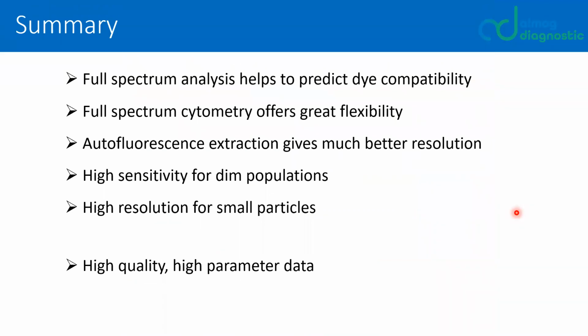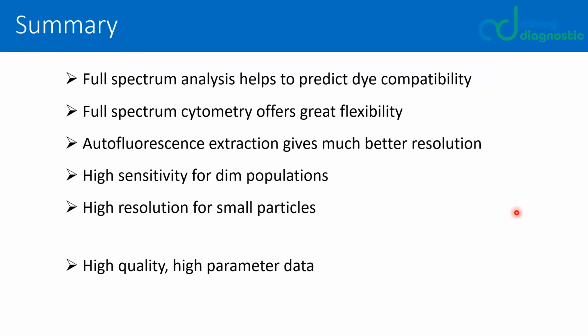So let's summarize what we have talked about today. We talked about the full spectrum analysis and how it helps us to predict dye compatibility. We talked about full spectrum cytometry and what it offers us, the great flexibility, combining dyes that cannot be combined in conventional flow cytometry. We talked about autofluorescence extraction and what it gives us.